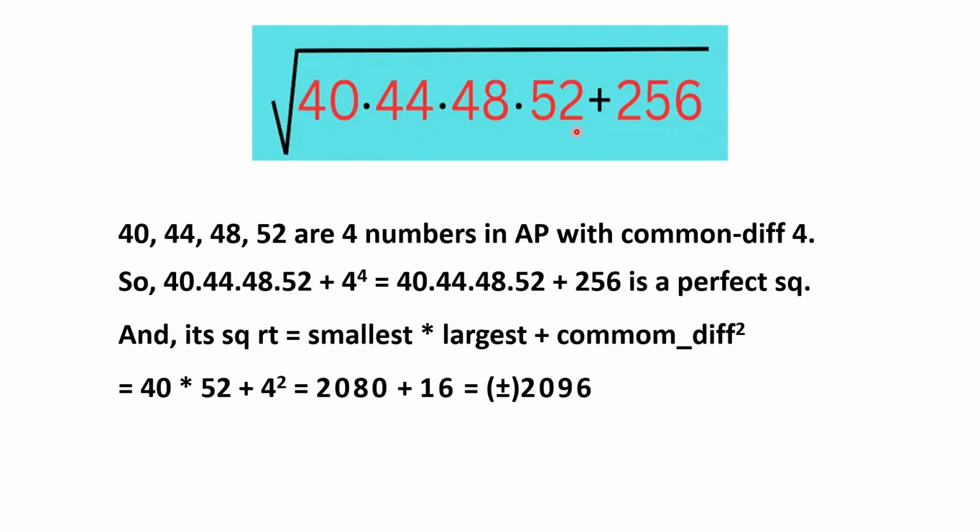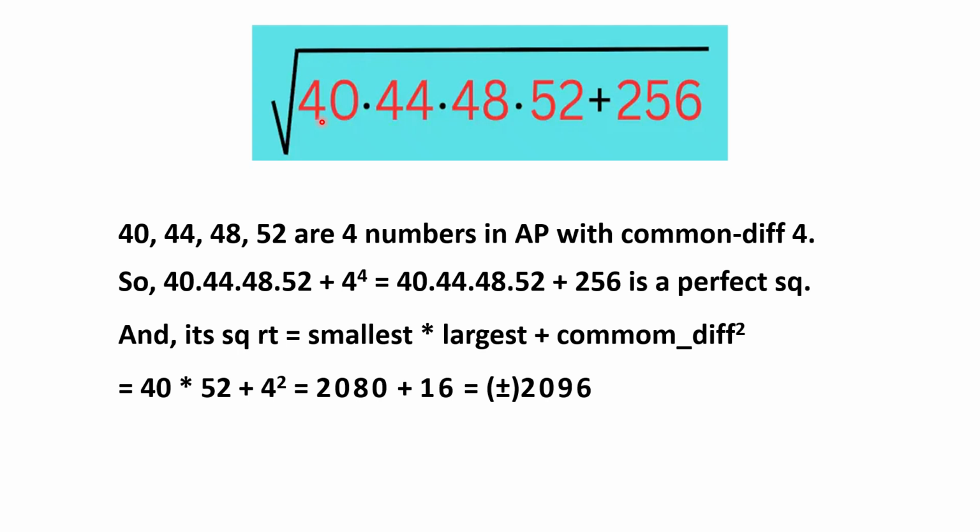The product of four numbers with common difference 4 plus 256, that is 4 power 4. So the product of four numbers in AP plus common difference power 4 is a perfect square. And its square root is smallest into largest plus square of common difference.